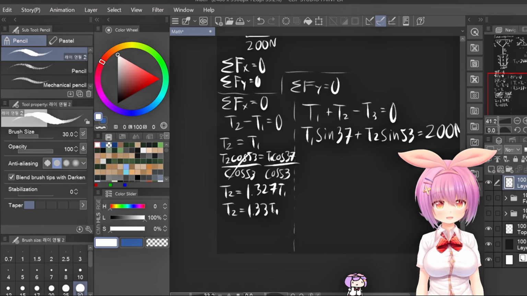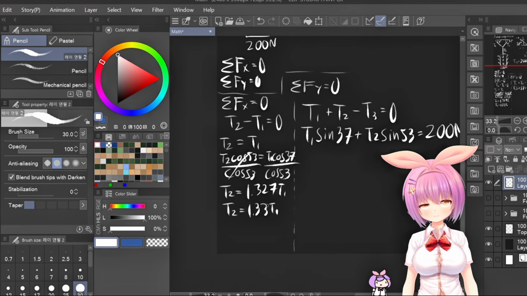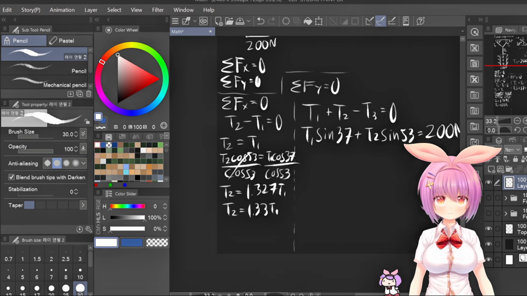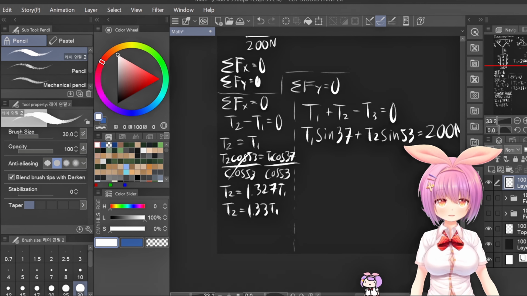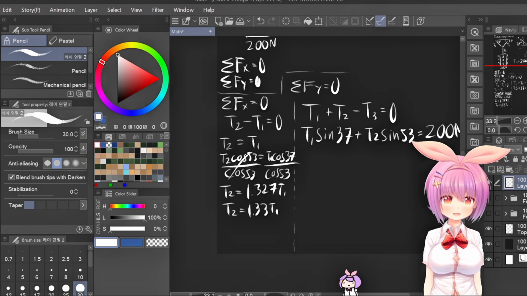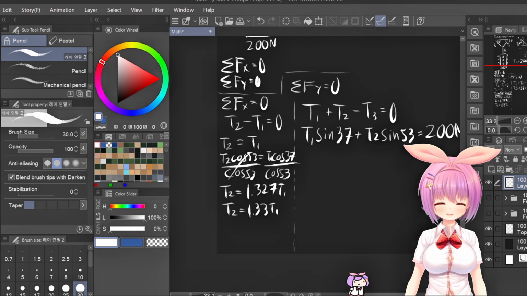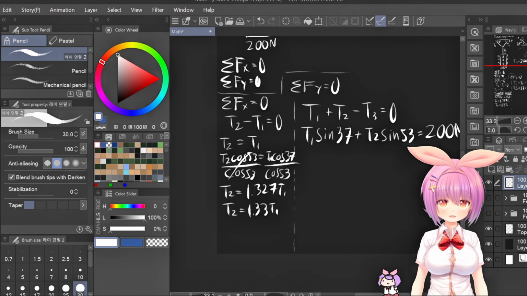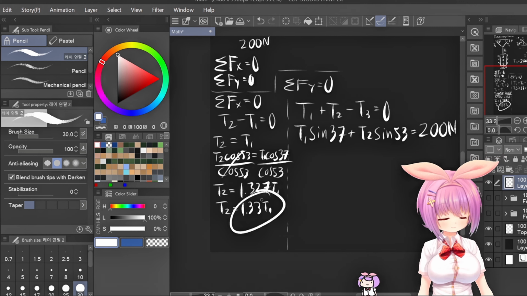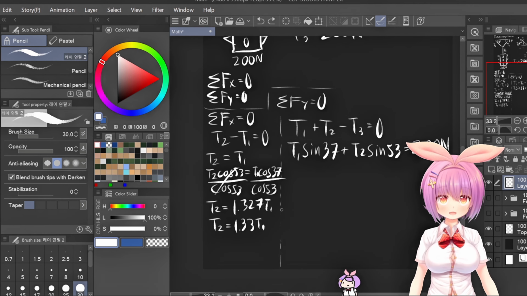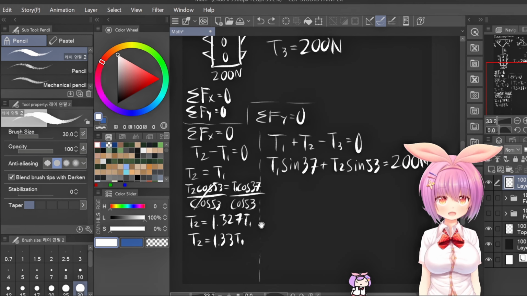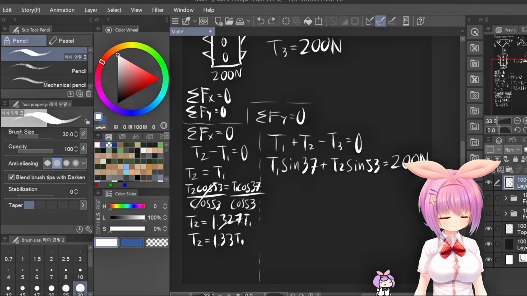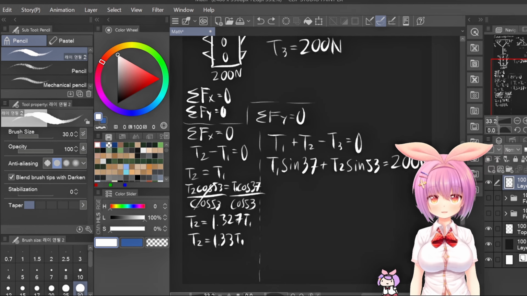Now, this is the part that depends on your professors and teachers. Some professors or teachers ask about the decimal points and how many decimals you should use, because it's important. Promise.